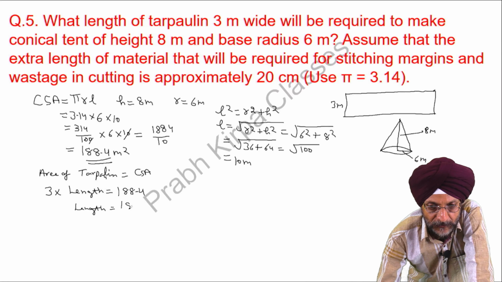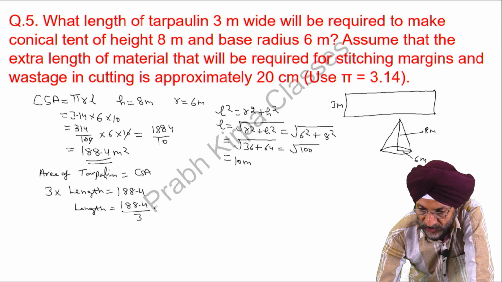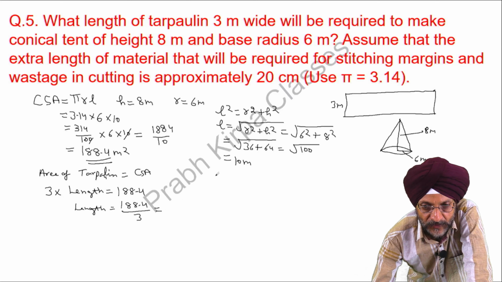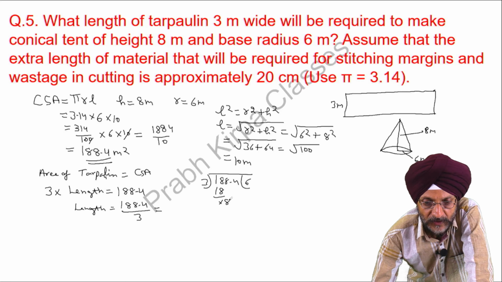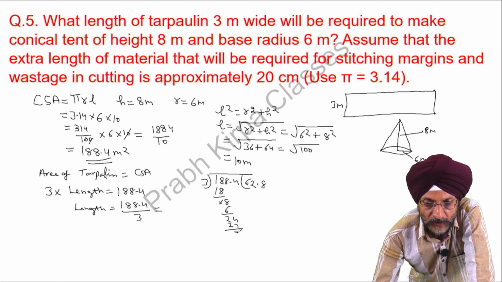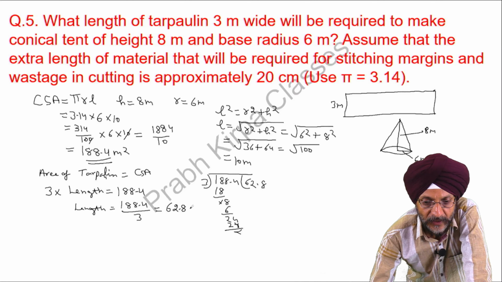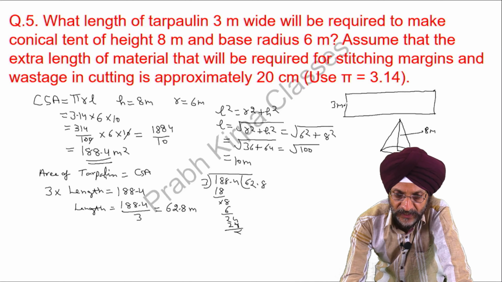So now what is the length of the tarpaulin? It will come out as 188.4 over 3, which is 62.8 meter. This is the length of the tarpaulin.